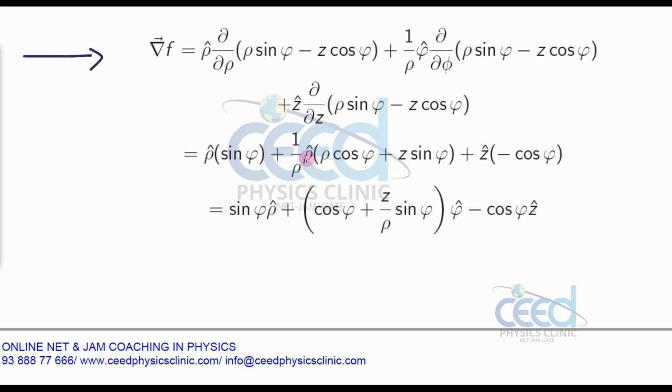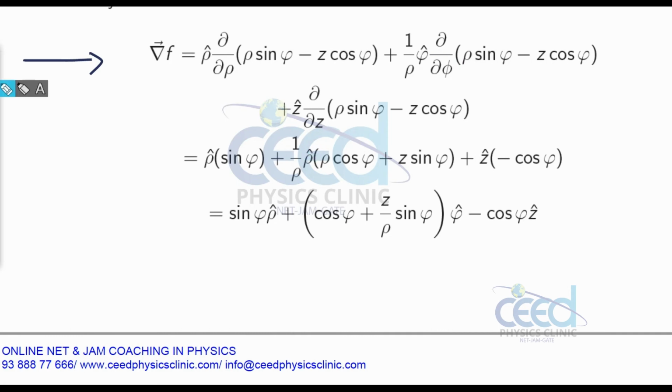There is a mistake, right? Okay, so here is the mistake. Here this is 1/ρ φ cap. So here this second term has φ cap. Okay, so that we can change. So here φ cap.